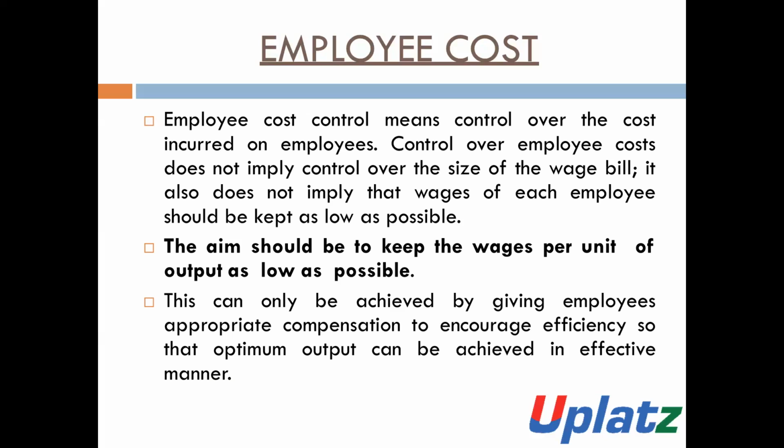So when he performs the activity properly and efficiently, the wages cost per unit will decrease, because production will be more. When the production is more, the wage rate per unit will automatically decrease.